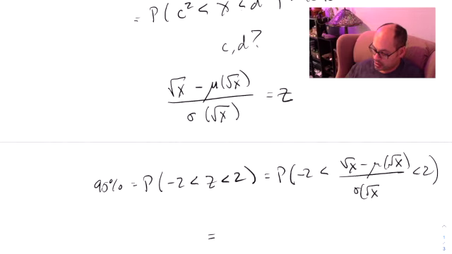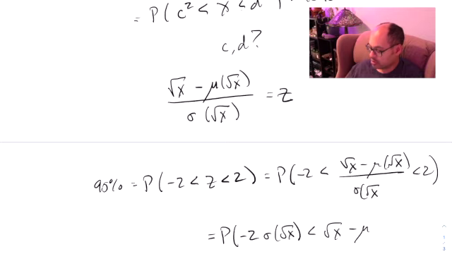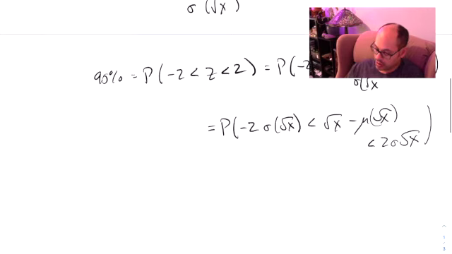Multiplying around, that's the probability that -2 standard deviations of root x is less than root x minus the mean of root x, which is less than twice the standard deviation of root x. This is all 95%.